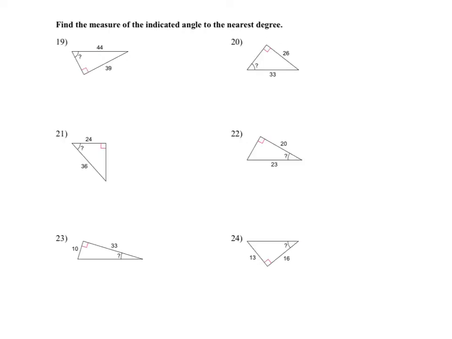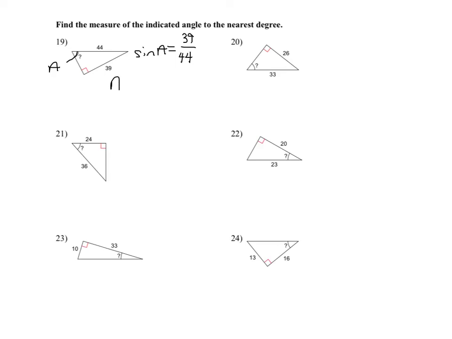We can also use SOHCAHTOA to find missing angles, and here's how to do it. In this triangle, if we're looking for this angle, we know that 39 is the leg opposite us, and 44 is the hypotenuse. Opposite, hypotenuse means use sine. So the sine of angle A, I'll call this angle A, is equal to 39 over 44.